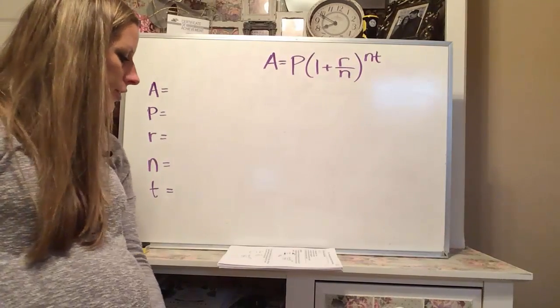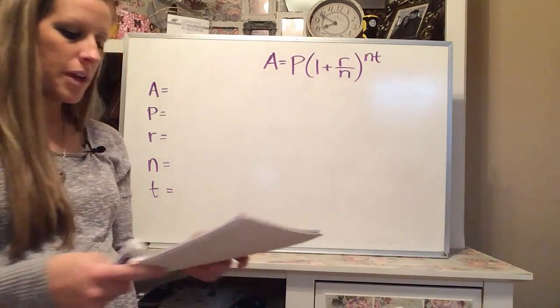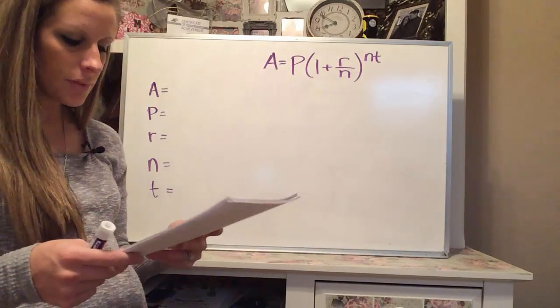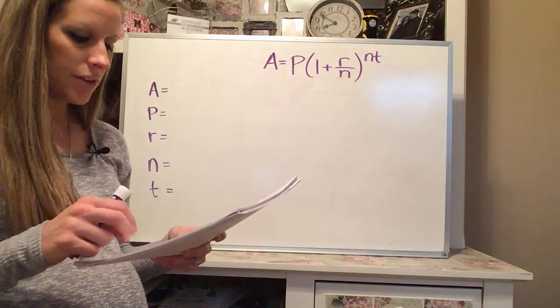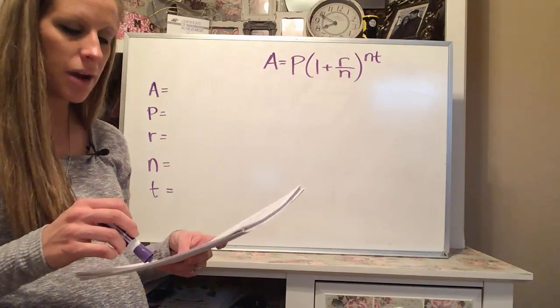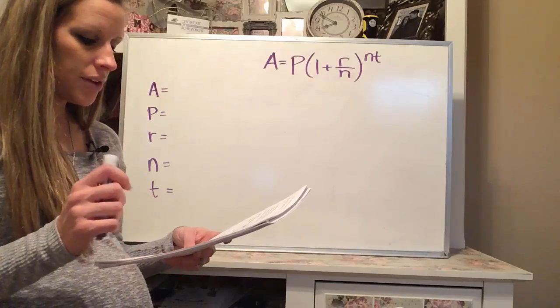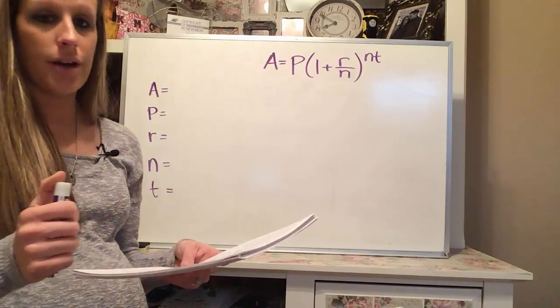Alright, okay, on number 2, it says your collection of baseball cards cost you $150 in 1988. In 1994, the value of the collection had increased by approximately 7.5% each year. What is the value of the cards in 1994?